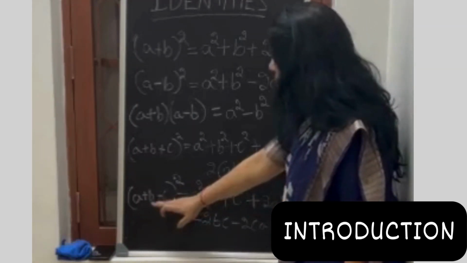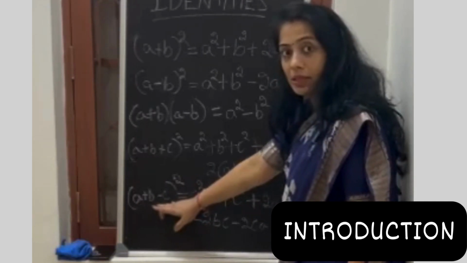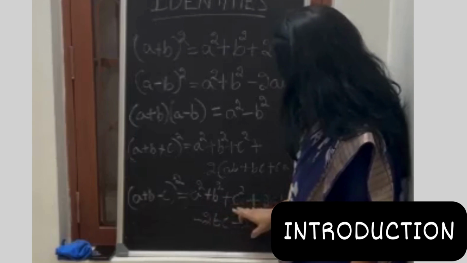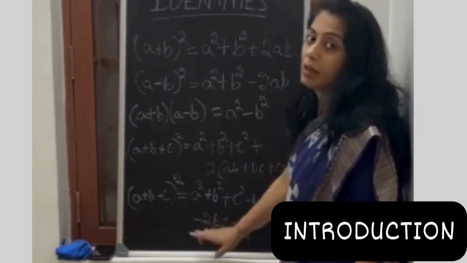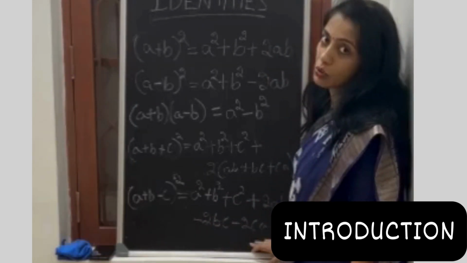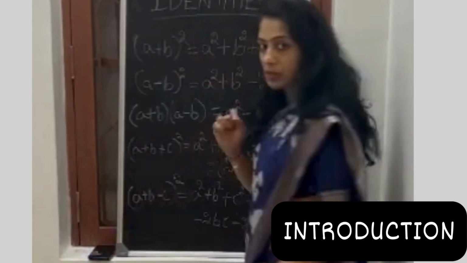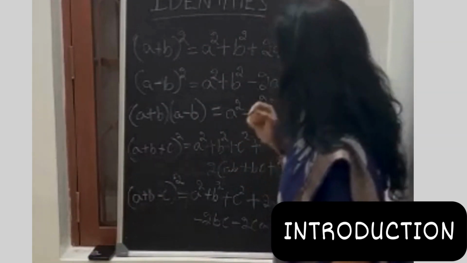Then (a plus b minus c) the whole square is a square plus b square plus c square plus 2ab minus 2bc minus 2ca. That's it. Now we'll do some sums where we have to find out the values.